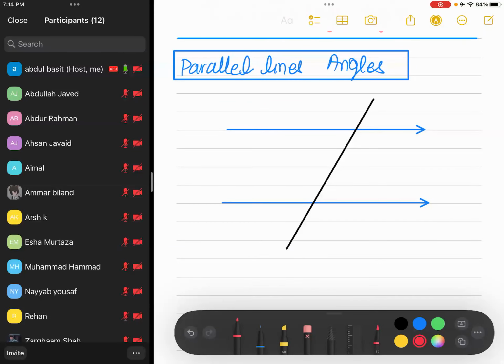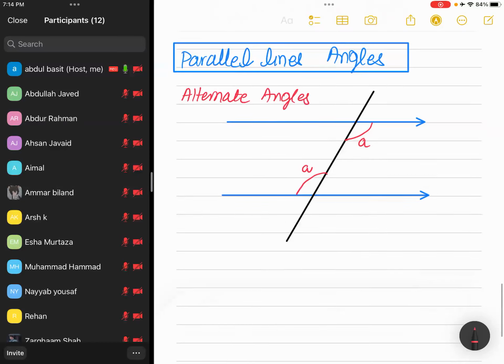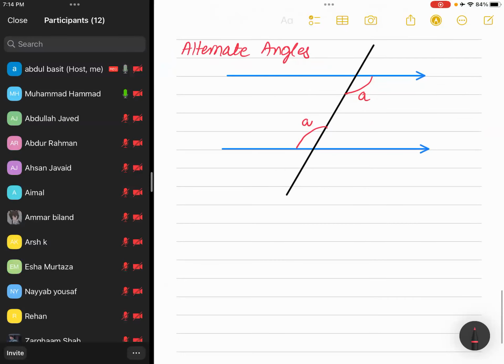Let me make some angles here. This is angle A, so this will also be angle A. Why? They are called alternate angles. What are these called, beta? Alternate angles.